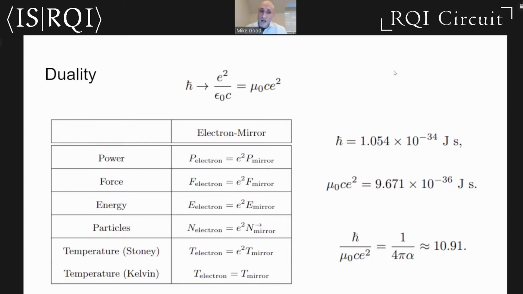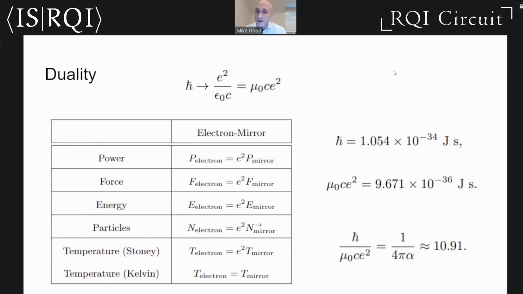So if you use Stoney units, say, where a connection between temperature and frequency is understood with the scale of e squared, you get an analogous object for temperature. If you use our familiar Kelvin, it turns out the temperature of the electron is actually equal to the temperature of the mirror.